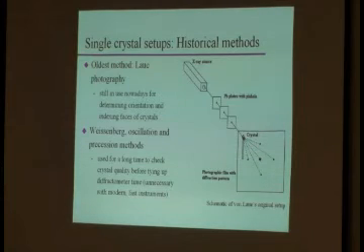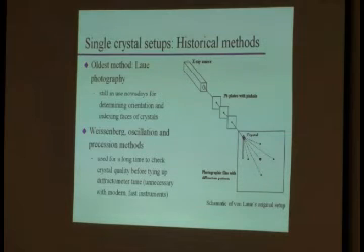What else do you have? Well, there were other methods introduced. Weissenberg, oscillation, precession methods. And these were really important methods when you still had point detectors on single crystal diffractometers. Okay? The reason for that was you didn't want to tie up instrument time with a bad crystal. So you wanted to first know, do I actually have a good single crystal before you ran a full diffraction data set?